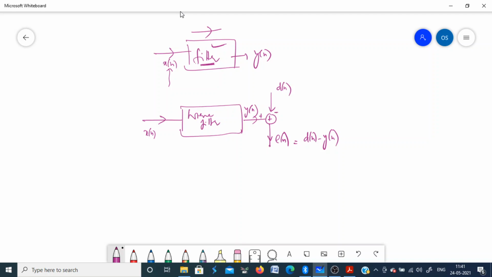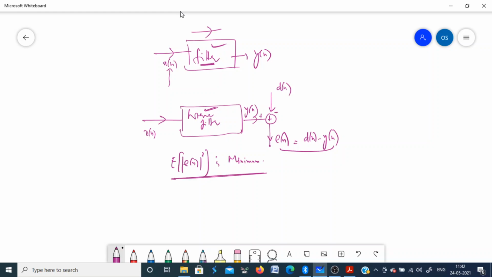And the purpose of the Wiener filter is to design the filter coefficients in such a way that this error is minimized. In fact, not the error, the mean square error is minimized, that is, the expectation of |e(n)|^2 is minimum. We find that solution, and that is the solution of the Wiener filter.